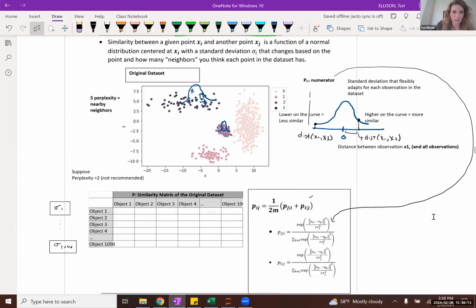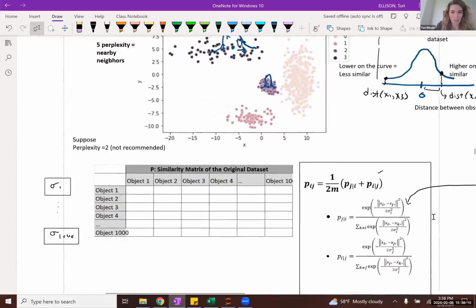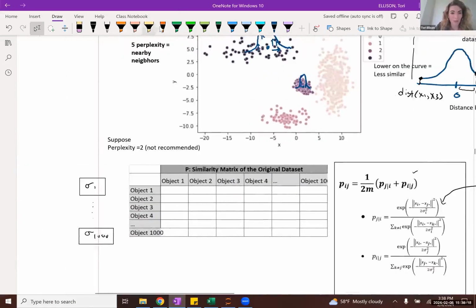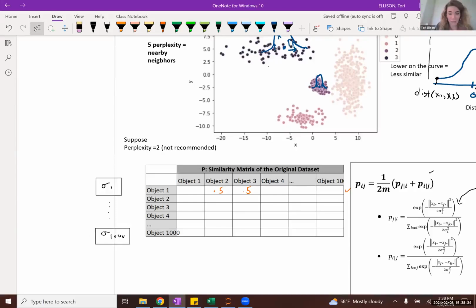So for instance, if we've specified a perplexity value of 2, then what this means is that for each observation in the data set, the optimization problem is encouraged to give high similarity values to the two nearest neighbors of that particular point, and then give low similarity values for all other points in the data set.